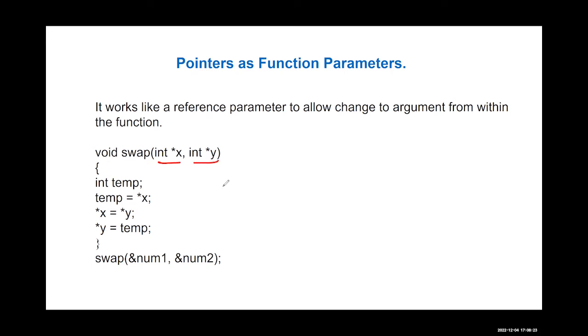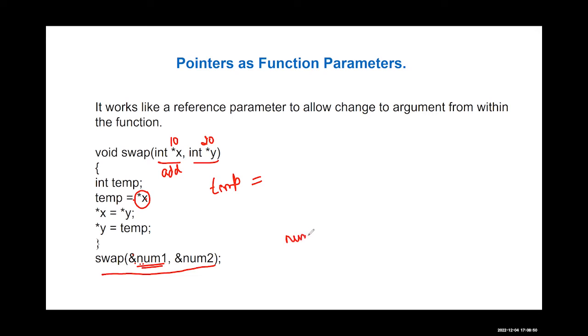I am taking a variable temp, in which I am storing the content of x. Suppose x is 10 and this is 20, and I am passing the address. This is where I am calling the function, and this ampersand represents that I am passing the address.